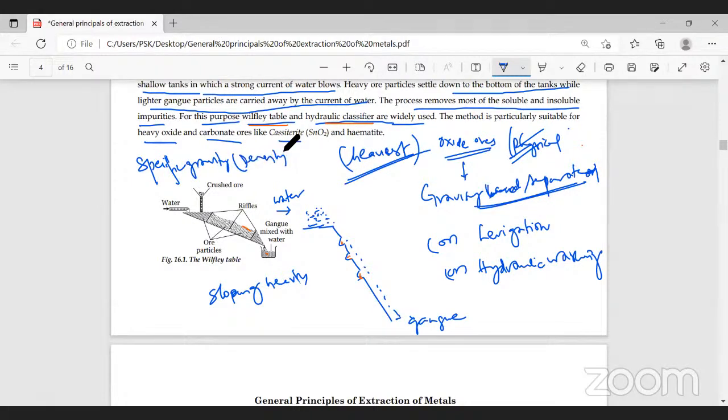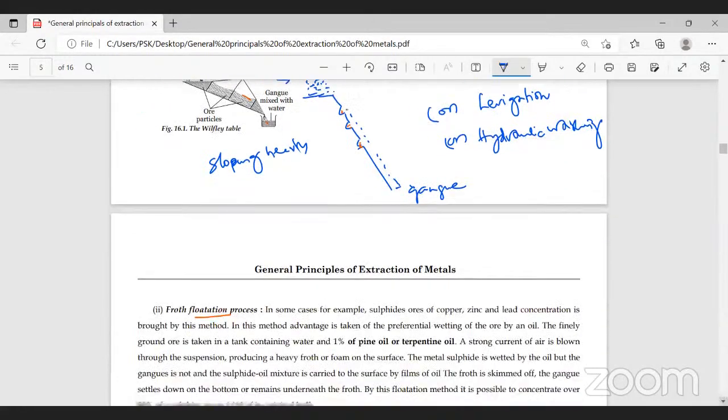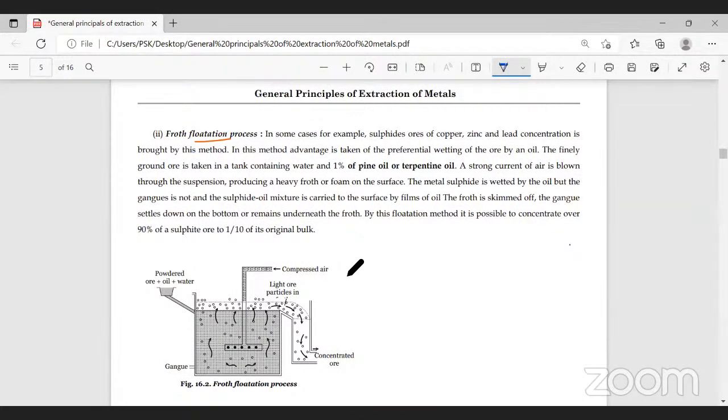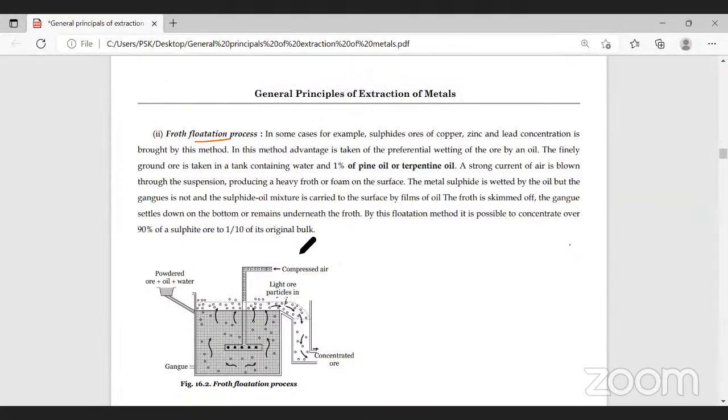The principle is based on density. But here, in case of froth flotation, the principle involved in concentration is based on a property called as wetting property.